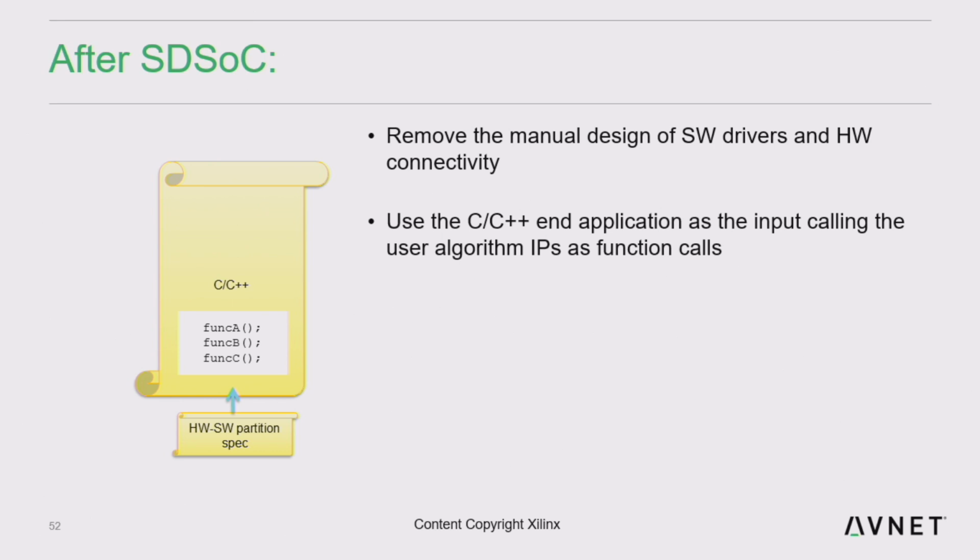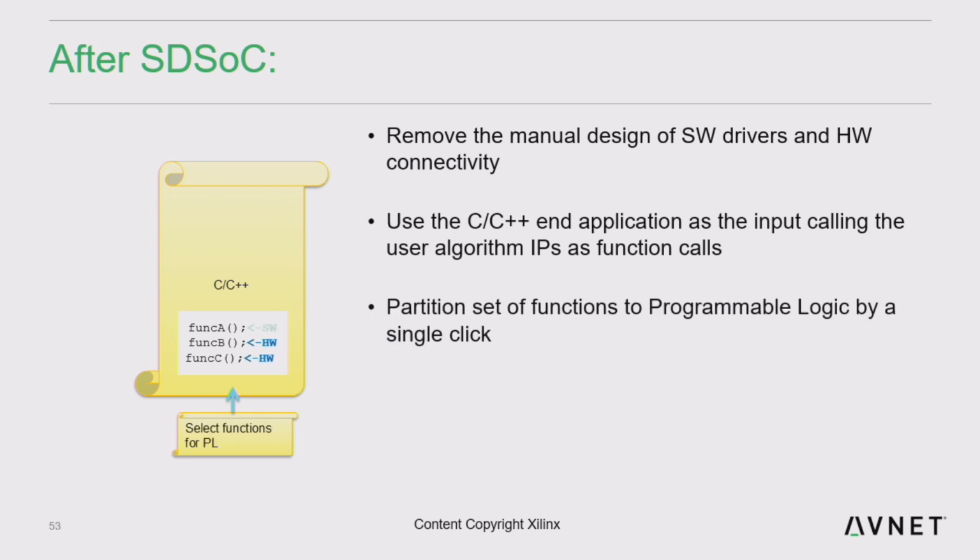You just write your code, and the tool decides, based on performance metrics, what you've requested, and the spirit of what you're trying to accomplish, how to split it up and put it into the various components to get the best possible performance. And that's this little tick here. You literally right-click the function, say move to hardware, and you can force things into hardware.